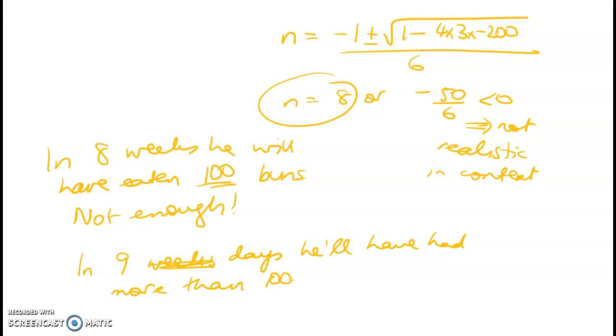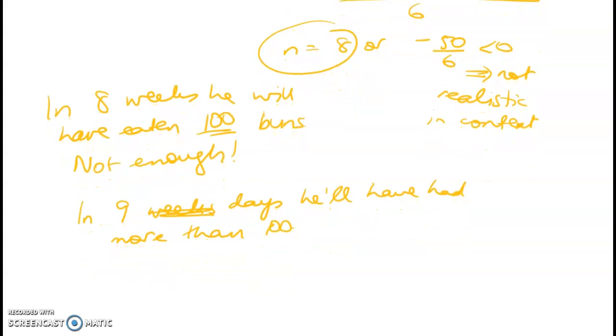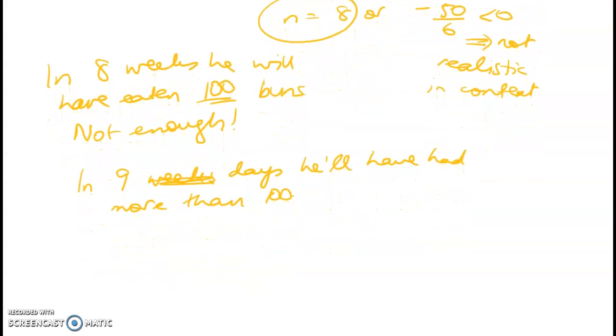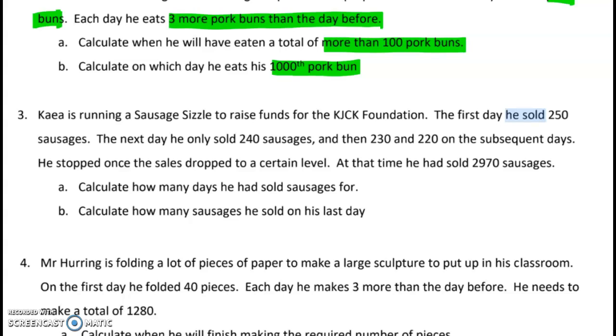Right, what's next? The next one we're going to do is when has he eaten more than 1,000? Honestly, guys, this is getting kind of repetitive. So for that one, for 2b, I'm just going to go to the answer, okay? Right, when will he have eaten his 1,000th pork bun?